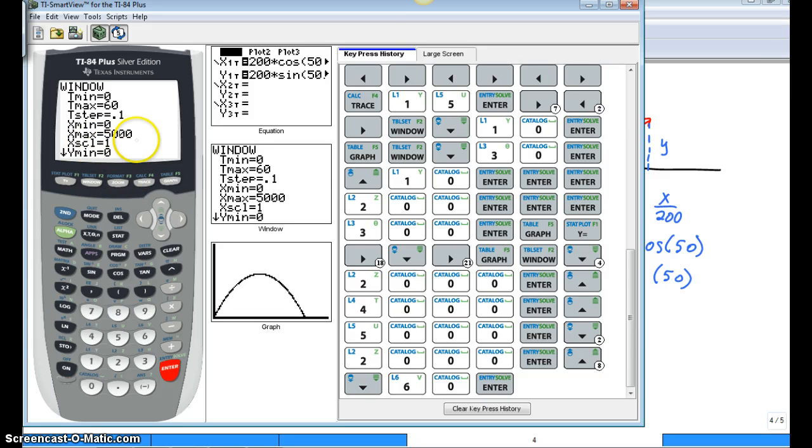And oddly enough, our x max of 5,000 is within range, and so is our y max at 2,000. So our problem wasn't that our window wasn't big enough, it's that we had not evaluated our function for a long enough time. So now that we have, let's go back and see what the question was.